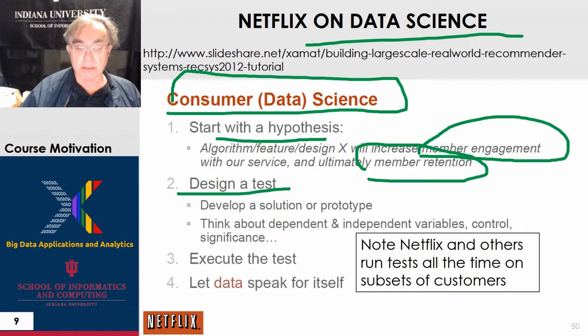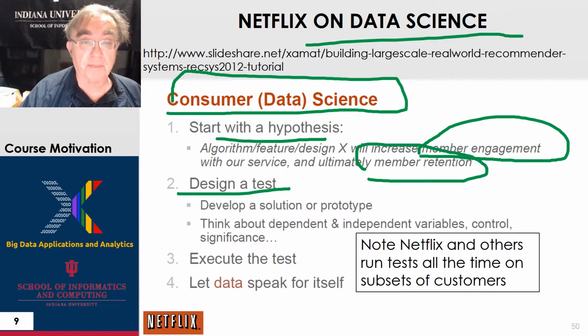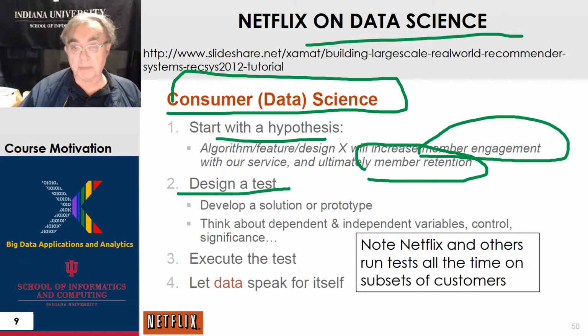This is the so-called A/B testing, where Netflix will choose a small subset of their users, because they have so many. Remember, they had 25 million or so. They take a small subset of those users, probably scattered around, take this new algorithm, test it on that, and see if it actually improves things. Maybe it makes things worse. And they're running all sorts of tests continuously. So they have a pretty interesting way of exploring the future.